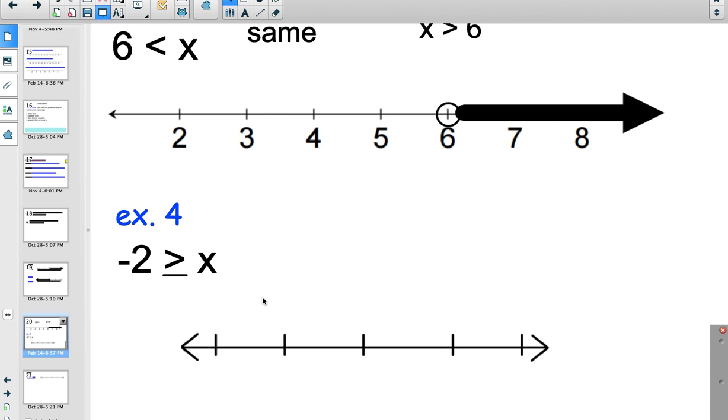The first thing you want to do is create the number line. So I'm going to put -2, and then you want to go to the right. So we're going a little bit bigger. Then you should have -1, 0. Then we go lesser, -3, and then -4. All right, so I'm going to line these up so they look nice.